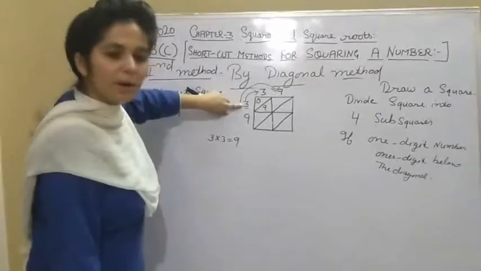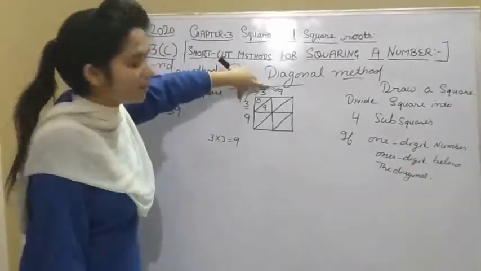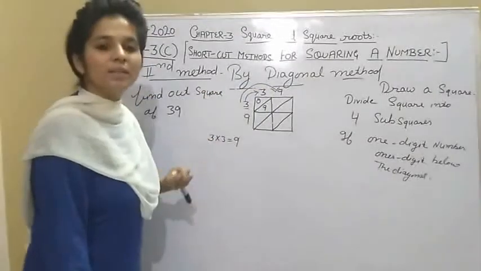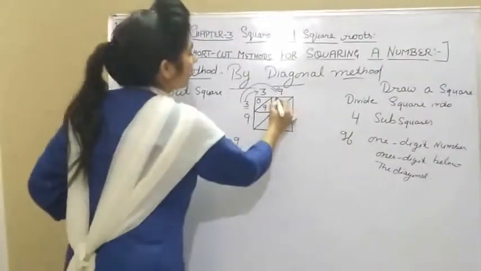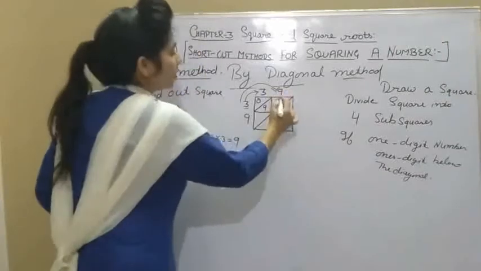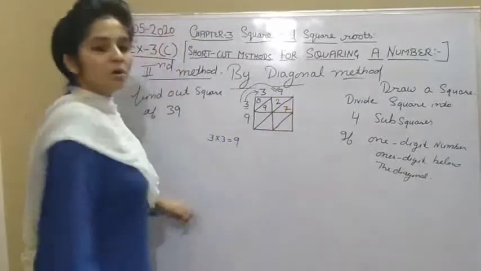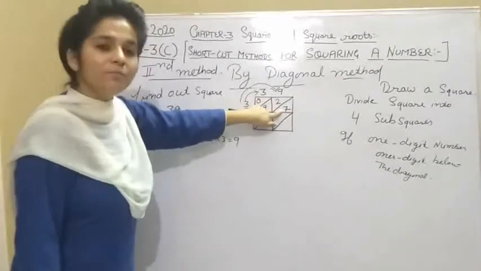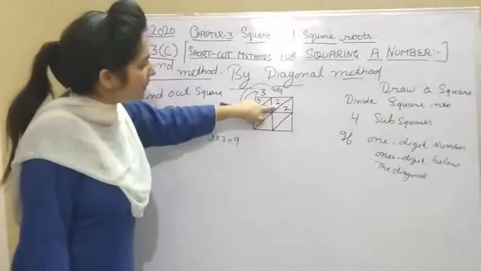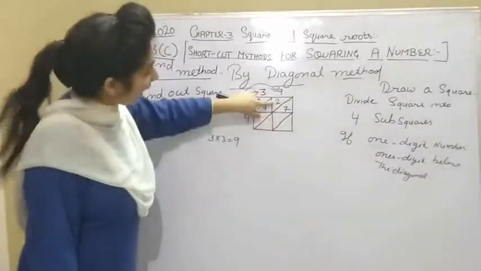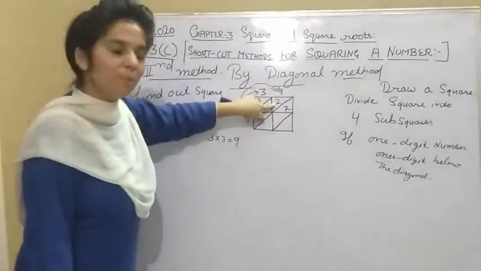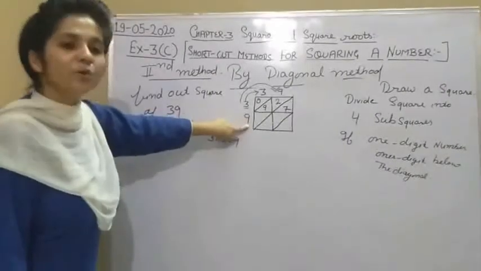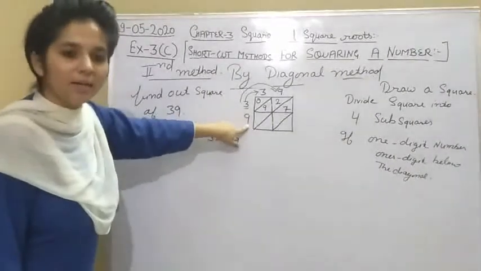After that we will multiply 3 by 9. 3 multiply 9 is 27. So you will write 27. Your ones digit will be below the diagonal and the tens digit will be above the diagonal. Now your next digit is 9.